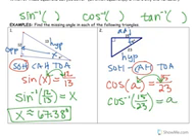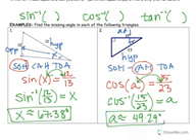Okay? And now I use my calculator. Cosine inverse of 15 divided by 23 is 49.29. See if you can get that on your own on the calculator. 49.29. And that's my angle. Okay?